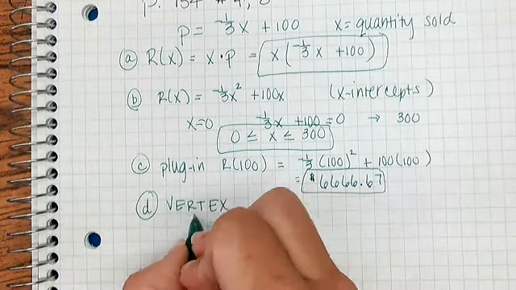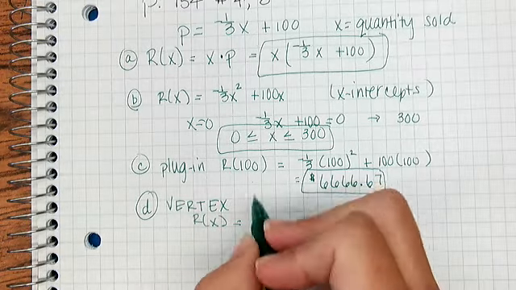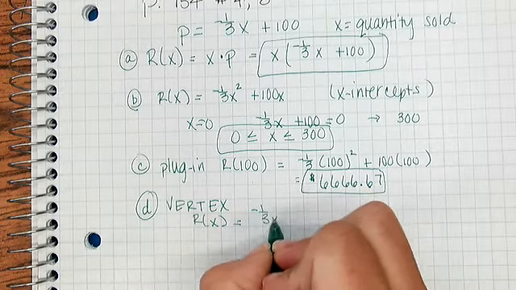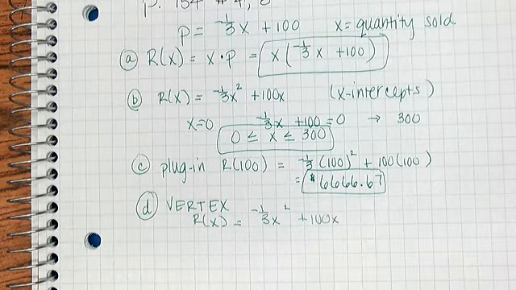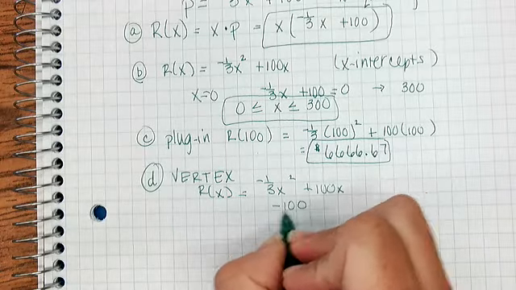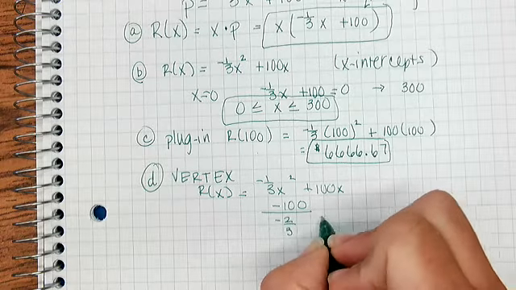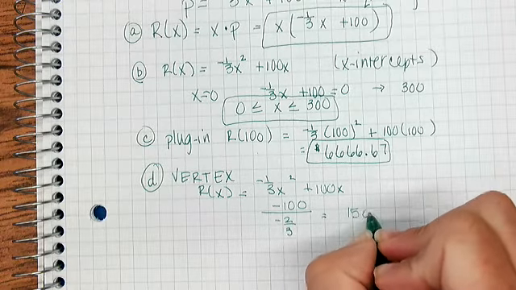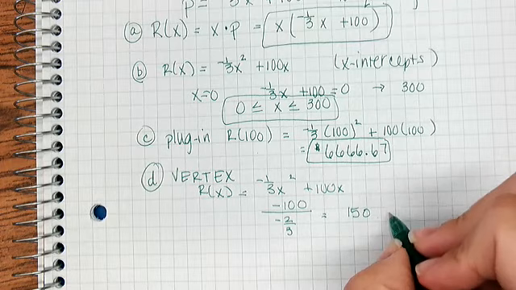So I'm going to go back and just rewrite it: negative 1/3 X squared plus 100X. Opposite of b over 2a, which I believe is 150. So that's your maximum quantity.